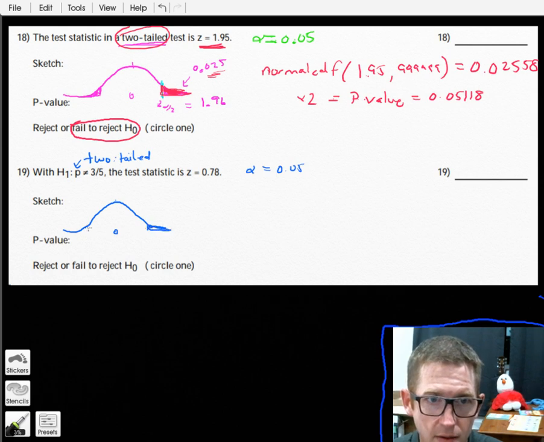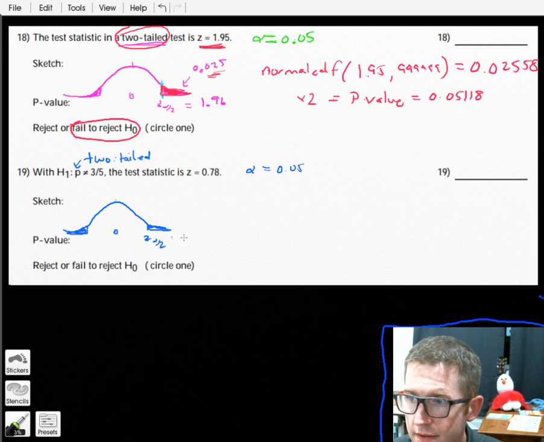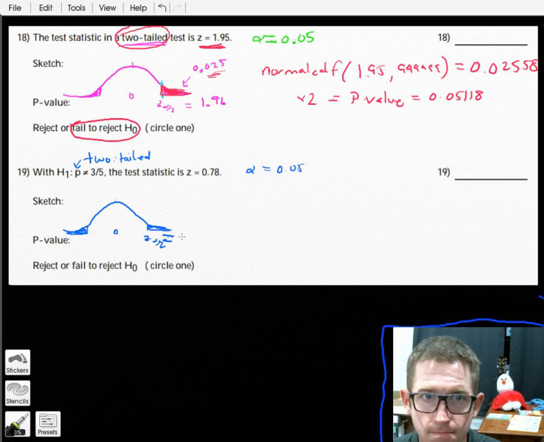And that's why I put them together: the same critical value, z alpha over 2, is the same, 1.96. And the test statistic, 0.78, is going to be like here.